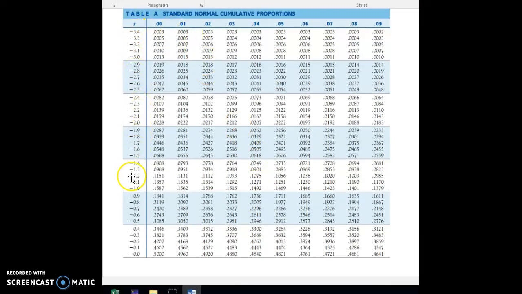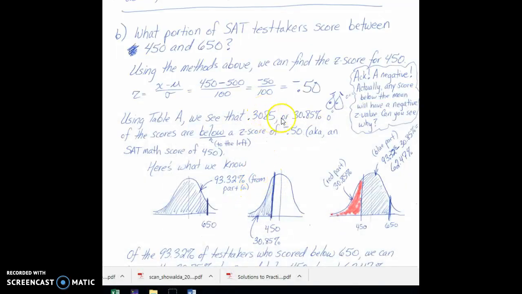So our z-score is negative 0.50. We're getting the 0 there, to get 0.3085. So in other words, 30.85% of the distribution is below that z-score, or 30.85% of the test takers are scoring below a 450.